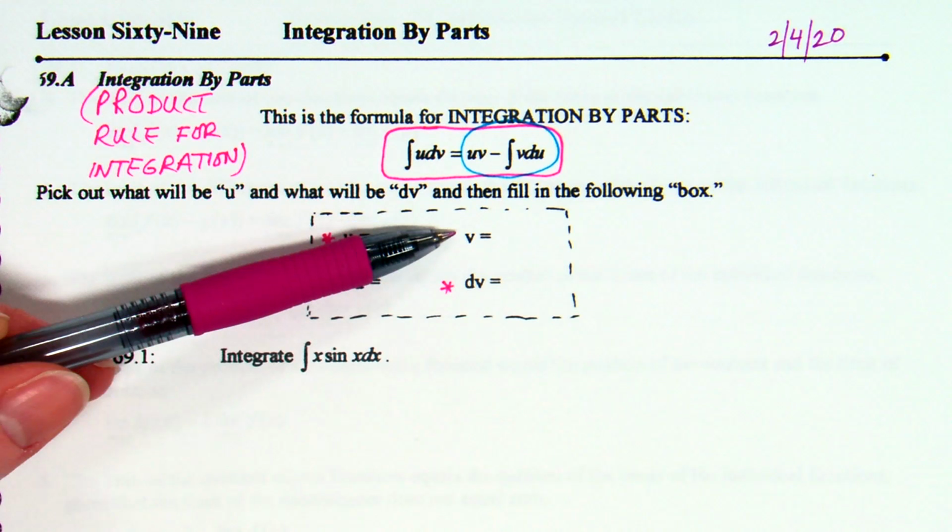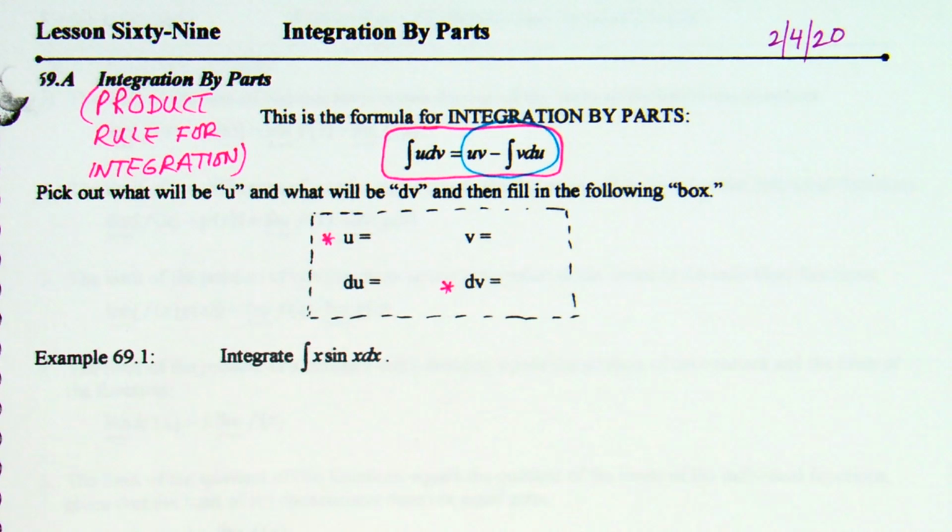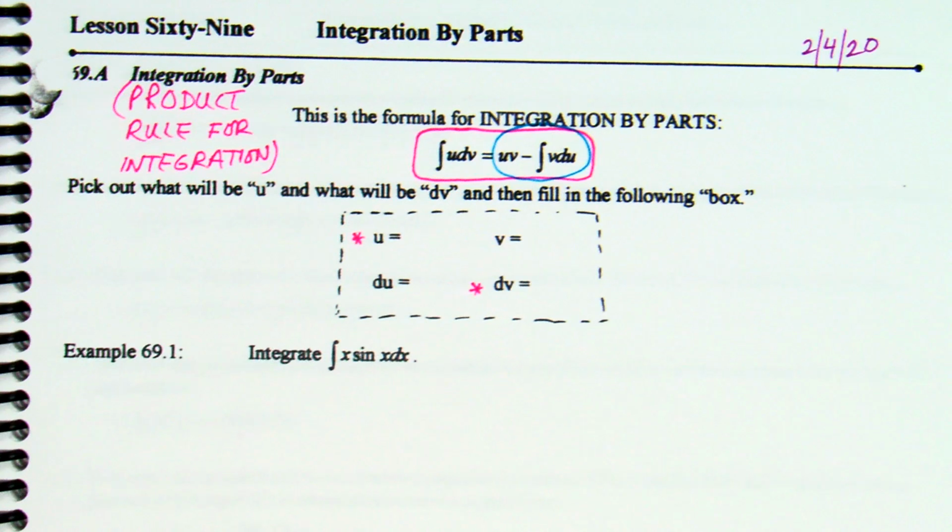Okay, so you're going to pick one thing you're going to take the derivative of, the other thing you're going to take the integral of. Knowing what to pick when, there's kind of a learning curve there. You get a little bit better about it the more we practice with it. And I'll give you some tips and things to think about as we go.